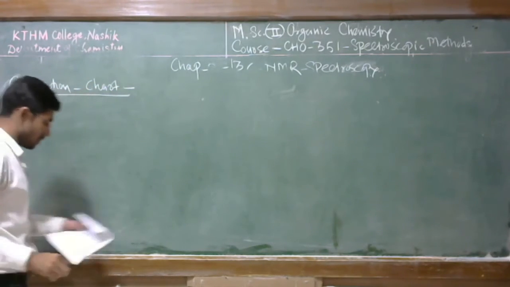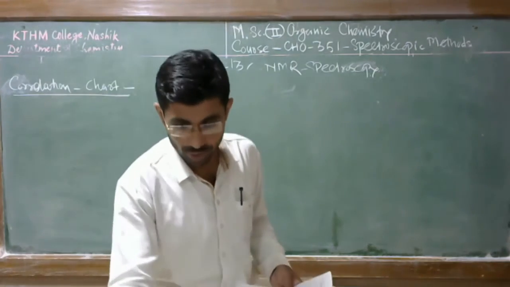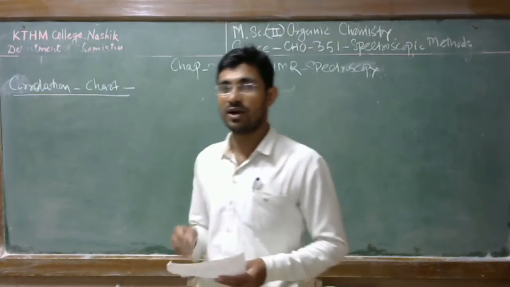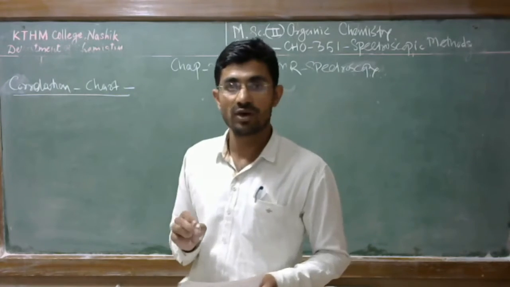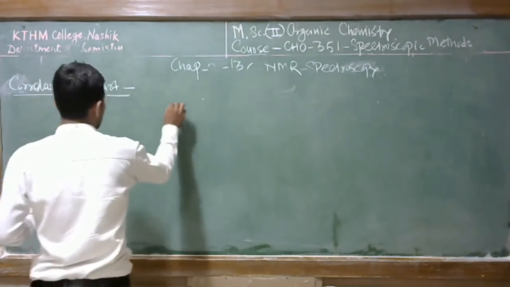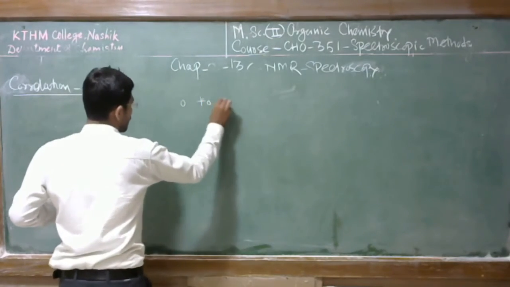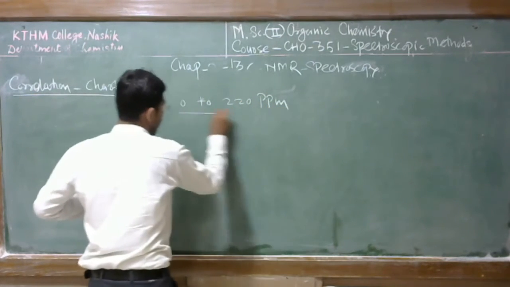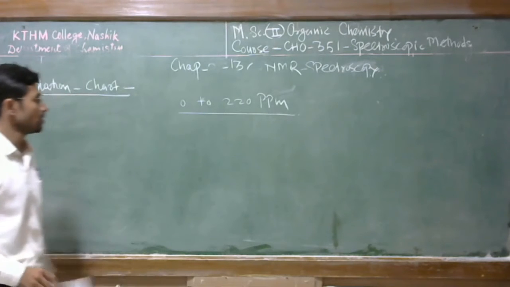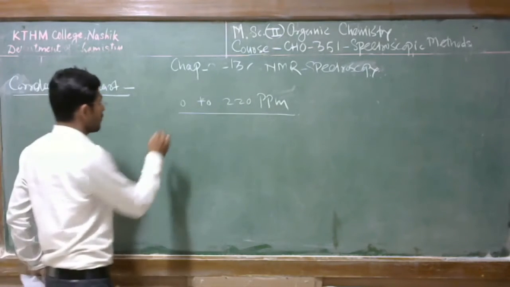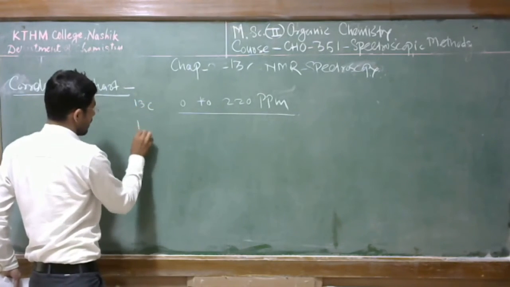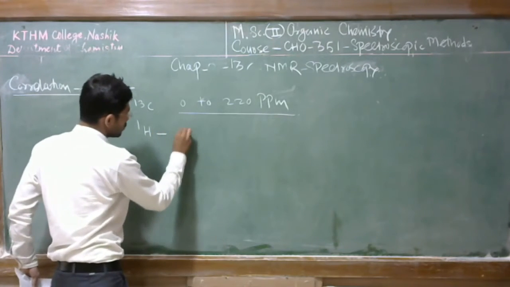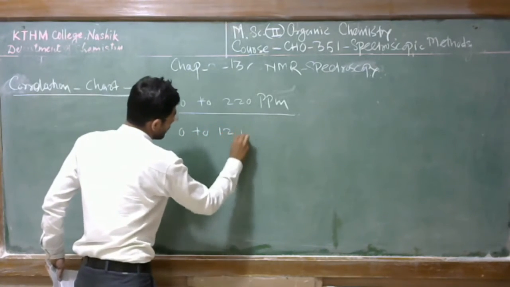So in 13C NMR spectroscopy, the chemical shift value we can observe from 0 to 220 ppm. How much? 220 ppm. In this range, you can observe the chemical shift value. And in 1H NMR, the chemical shift range is 0 to 12 ppm.